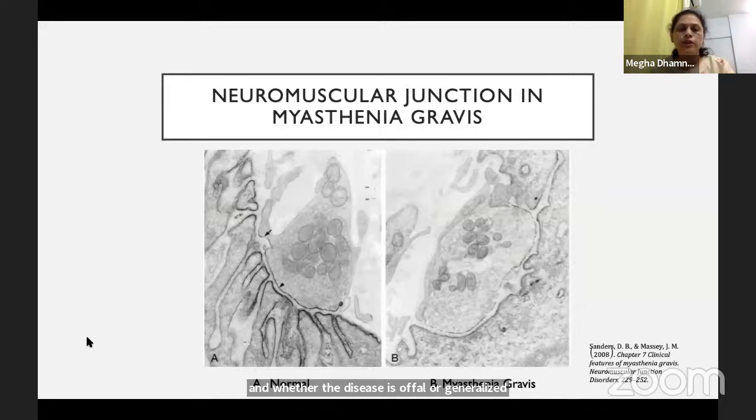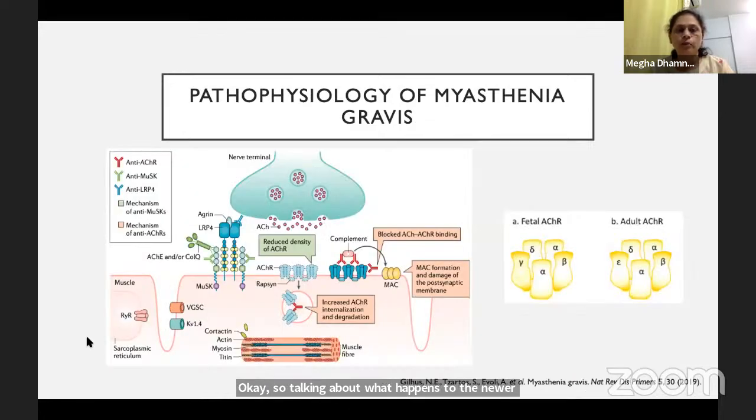This is a very beautiful diagram which shows what happens to the neuromuscular junction in myasthenia gravis. On the left, you can see the acetylcholine receptor and the number of folds at the neuromuscular postsynaptic membrane, which is reduced in a patient with myasthenia gravis. What is the pathophysiology? That would be important when we talk about different therapies.